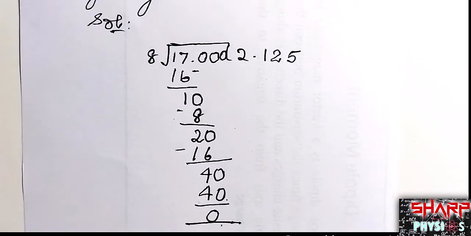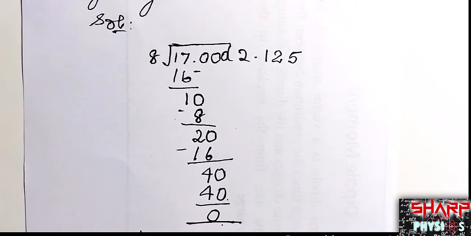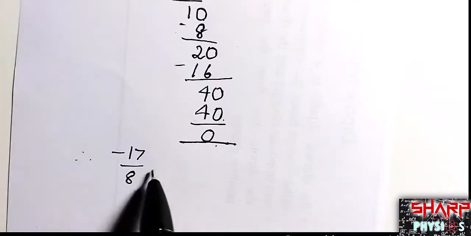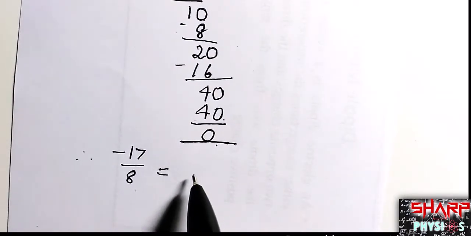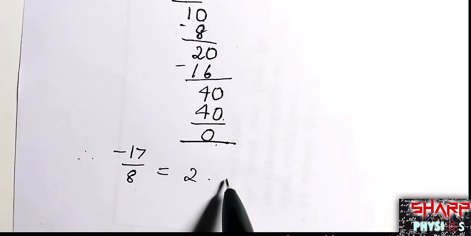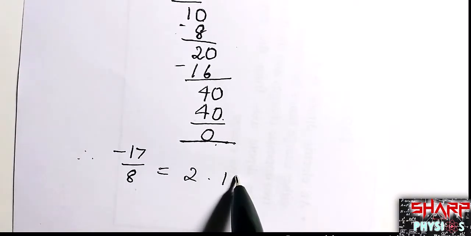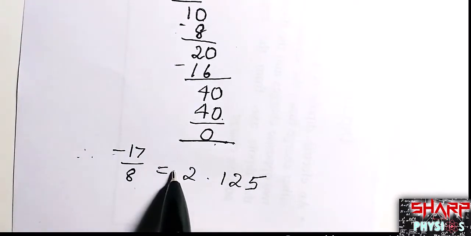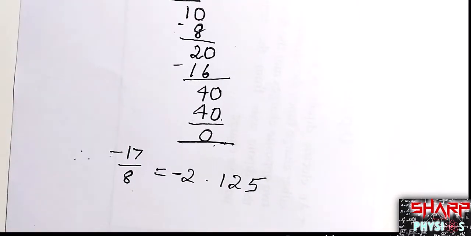So by long division method, you get the decimal answer: minus 17 by 8 is equal to 2.125. Since there's a minus here, we have to use the minus, and this is the answer.